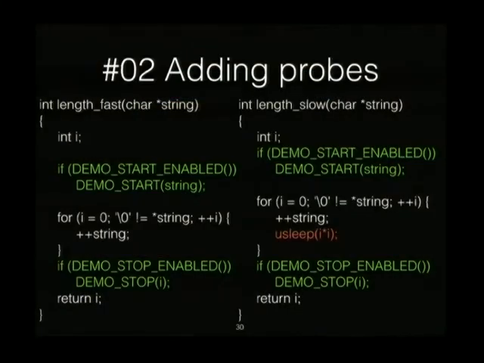I highlighted in red a sleep function, a smart function to make the code very slow for collecting data and seeing the difference, because the code is so fast.